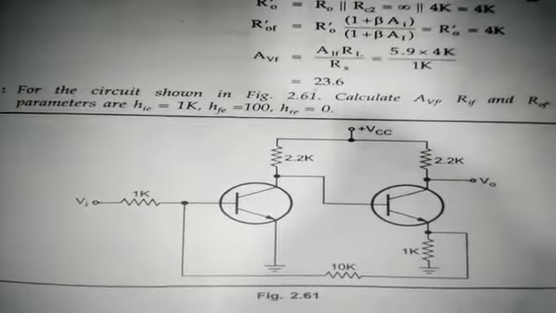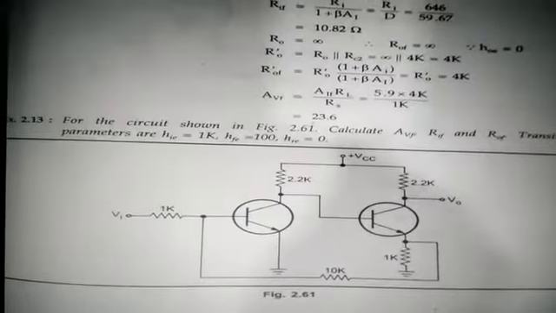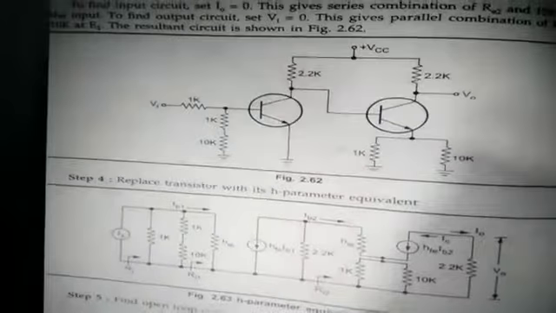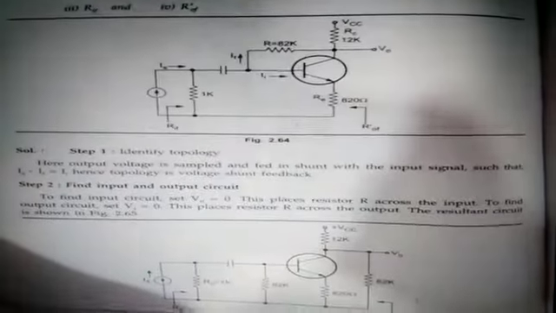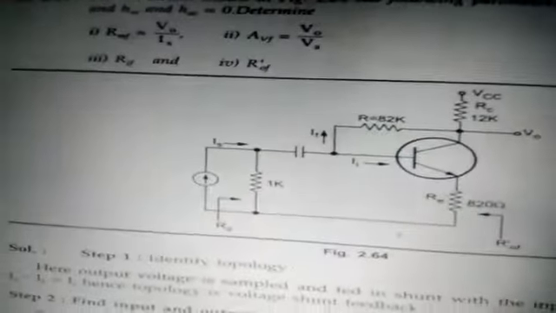These parameters we have calculated with the given H parameters. Now we will go for the next problem. This is the another problem which is given here. You can go through this problem.